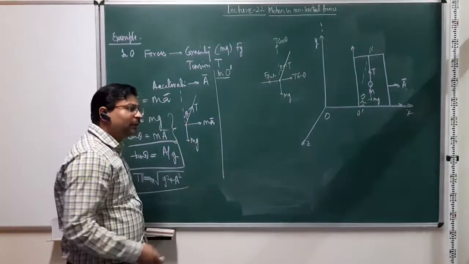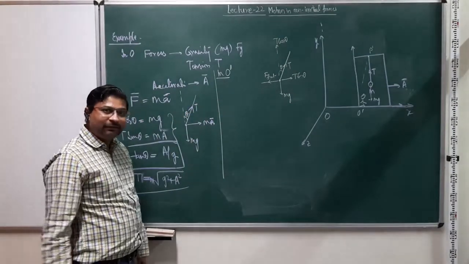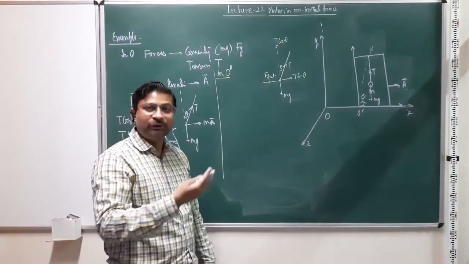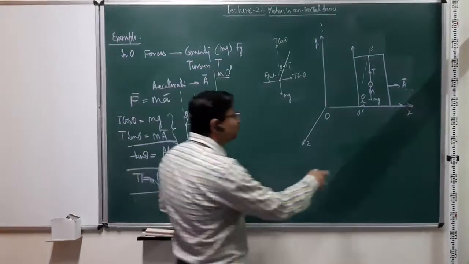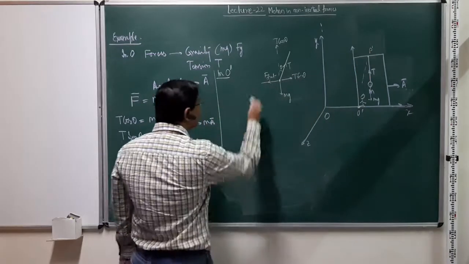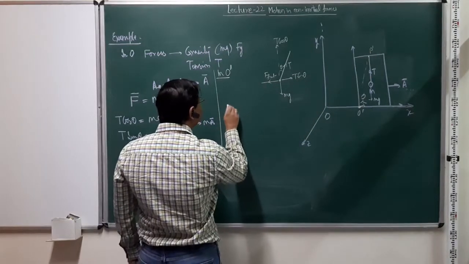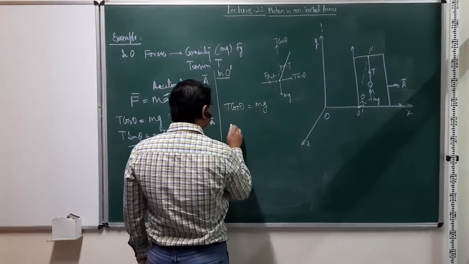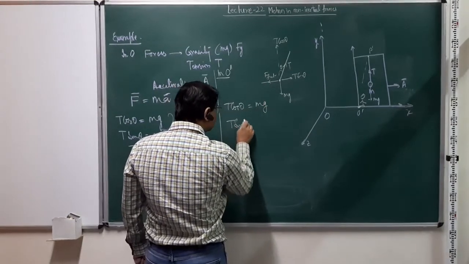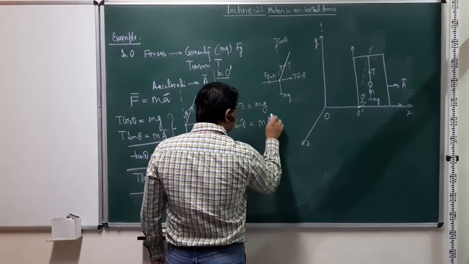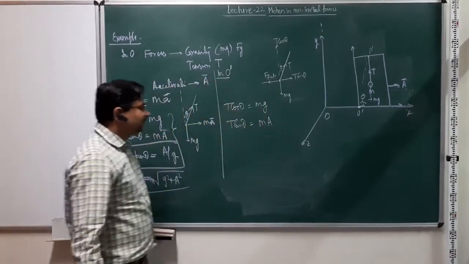So the bob will still look slanted, it's not hanging vertically. However, it's not going to change its position. When you measure, from this origin, its position will remain constant, the pivot position will remain constant, and again we can write this down as T cos theta is equal to mg, and T sin theta will be equal to ma, which is coming from the fictitious force.